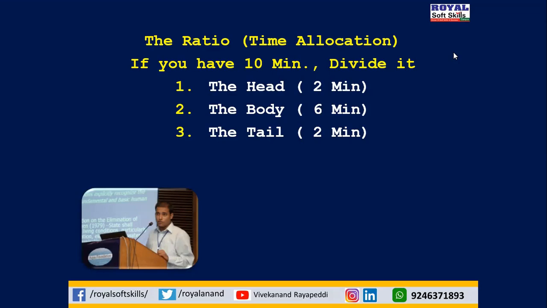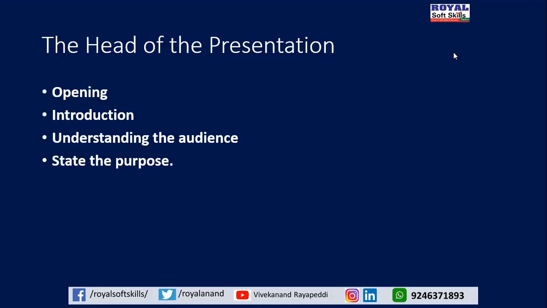Now, what are all the things we need to take up in each of these aspects? The head of the presentation has the opening address and introduction of yourself or introduction of the necessary aspects. In this process, you can even get the pulse of the audience.